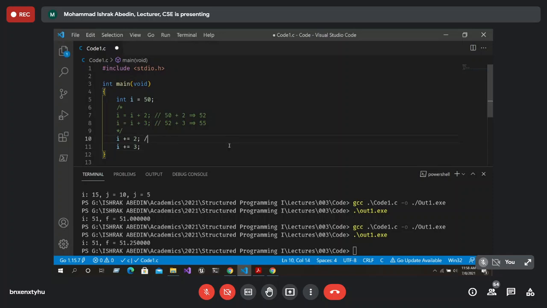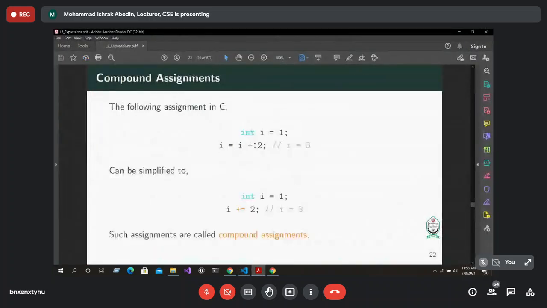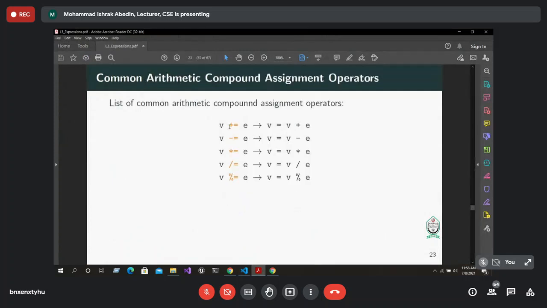This statement is equivalent to i = i + 2. That means I'm incrementing the value of i by 2. Whatever the existing value of i is, increase it by 2, and then by 3. These are called compound assignment operators, and this is the plus equal to.